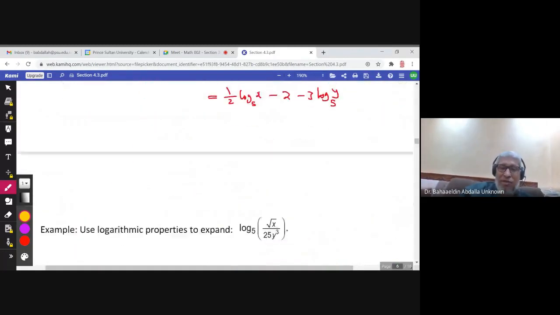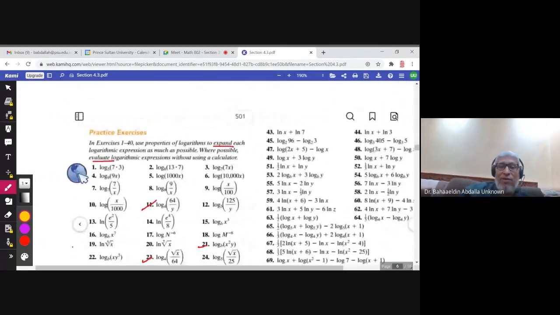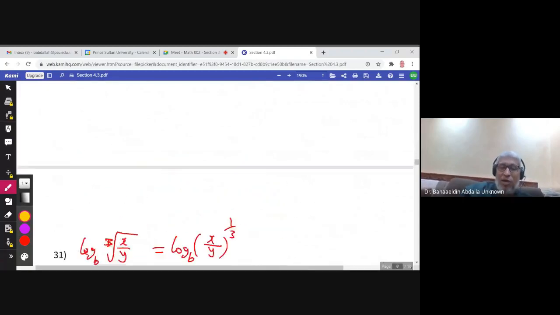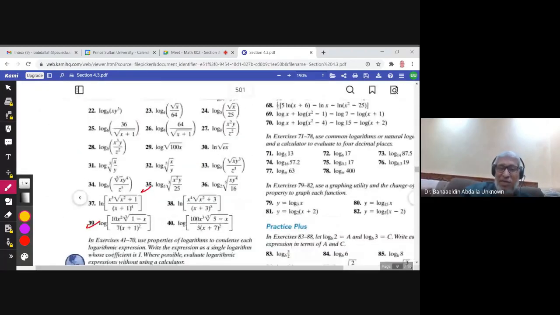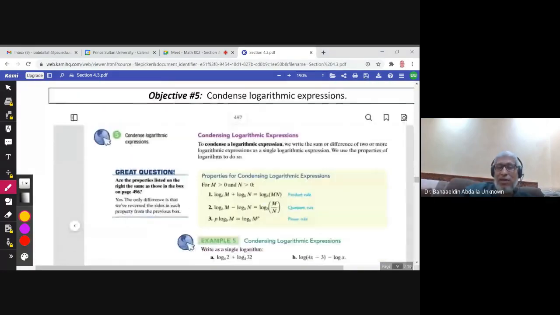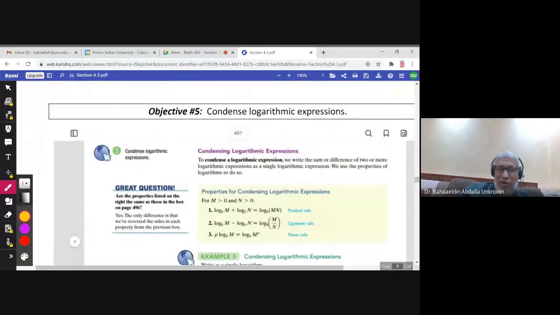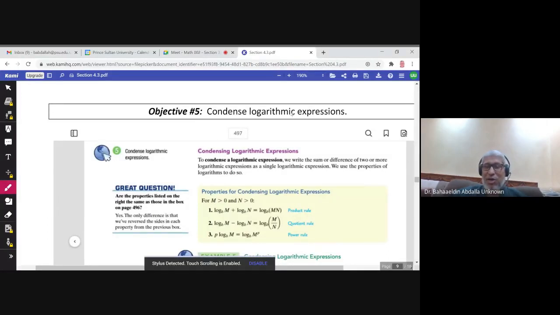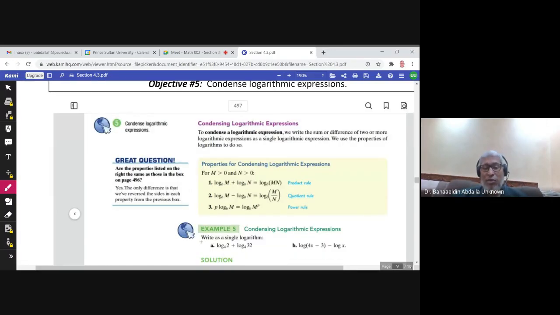Today, inshallah, we will talk about the other question that can be asked about the properties of logarithmic functions, and this question is condense. They say condense logarithmic expressions in the question, or they can say also write as a single logarithm.